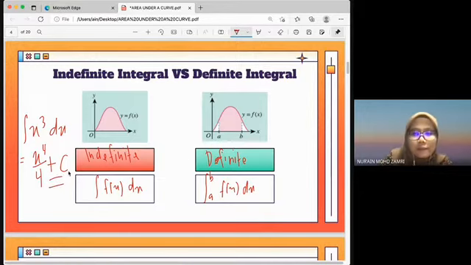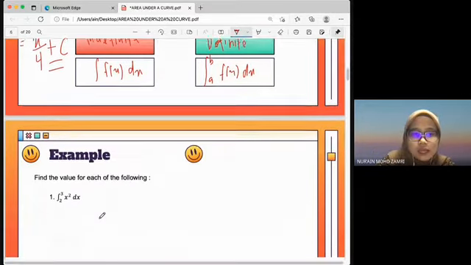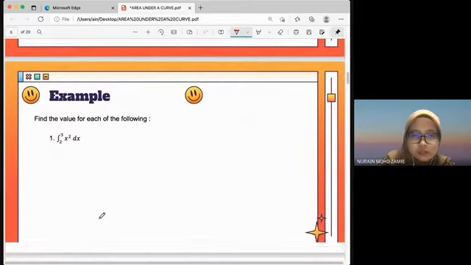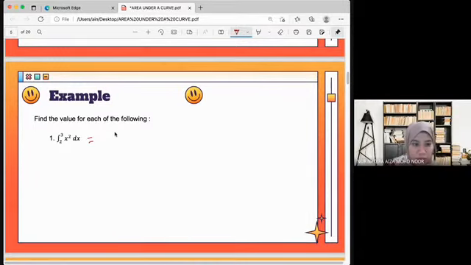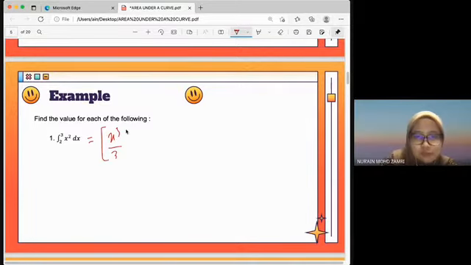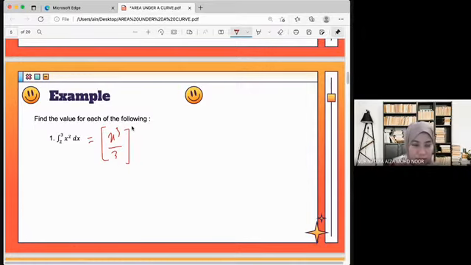But for definite integral, we do not have to put the plus c. Let's see an example for definite integrals. How to calculate this function? x to the power of 3 over 3, and then you have to put brackets first, and then put the limits.